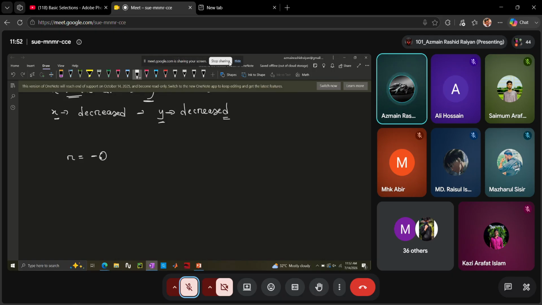Now let's say my correlation coefficient r is minus 0.64. So this means that the relation is inversely proportional.